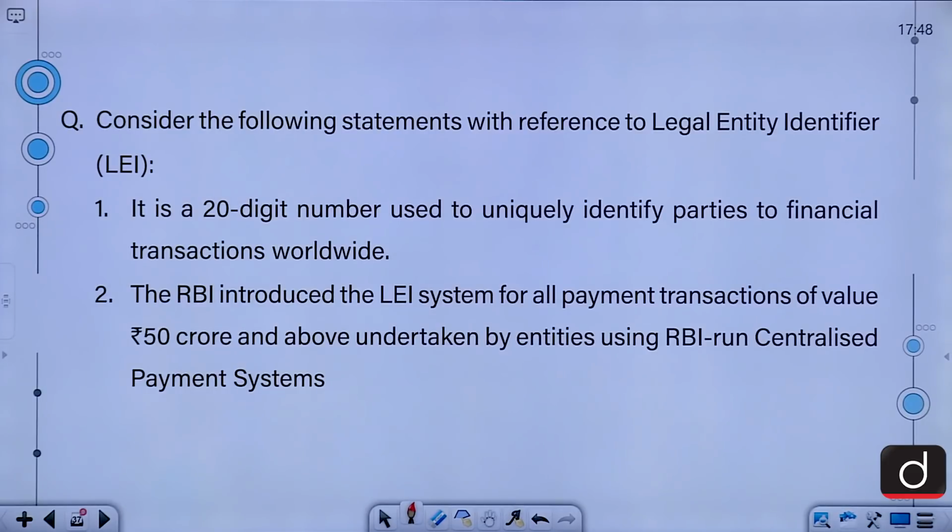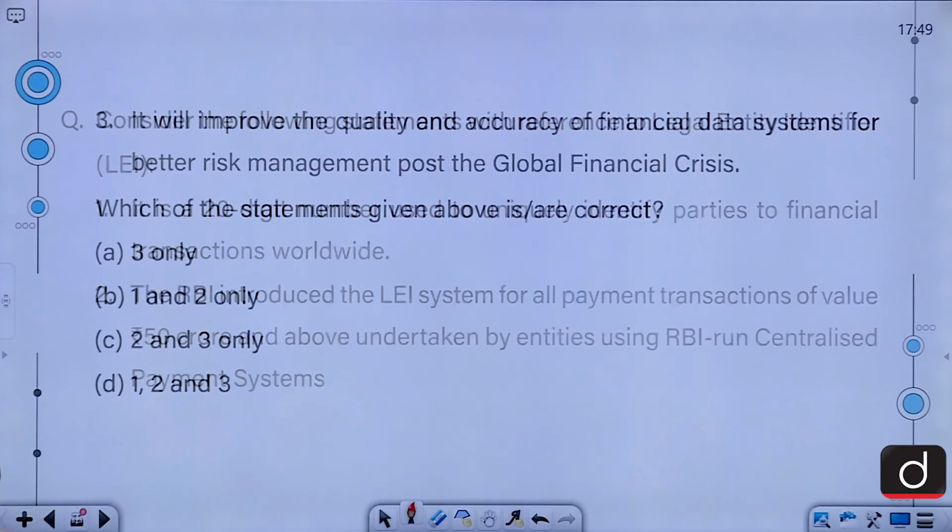Let's look at our next question, please. Consider the following statements with reference to legal entity identifier. 1. It is a 20-digit number used to uniquely identify parties to financial transactions worldwide. 2. The RBI introduced the LEI system for all payment transactions of value 50 crore rupees and above undertaken by entities using RBI-run centralized payment systems. 3.